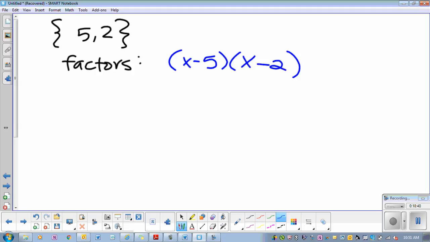Not y equals the factors. So I want parentheses x minus 5, parentheses x minus 2. Do you notice the relationship between the zeros and the factors? They're like opposite. So if my zero is a +5, then my factor is x minus 5. Right?